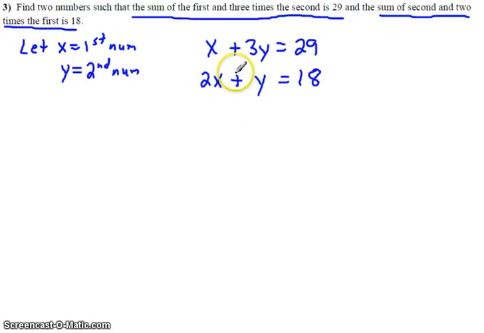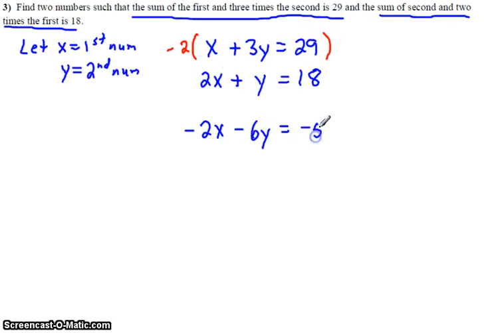So what I'm going to do is again use elimination because they are lined up pretty nicely. I can multiply the first one by a -2, just like what I did in the last problem. So the x's will cancel out. The top equation becomes -2x minus 6y equals 29 times -2 is -58.